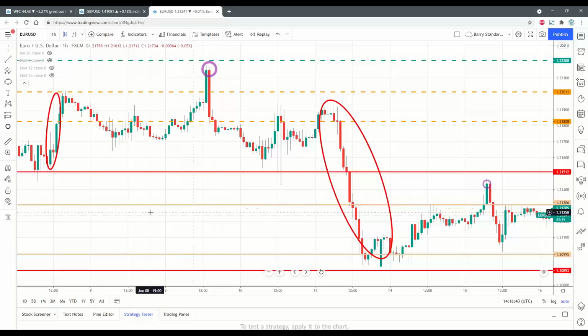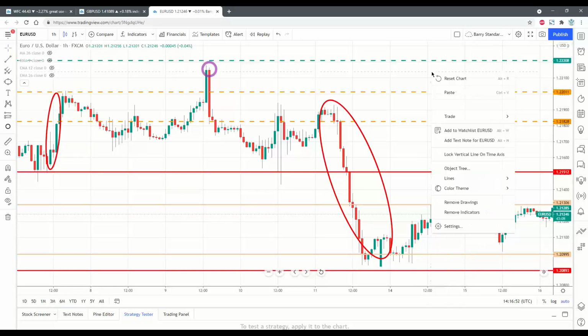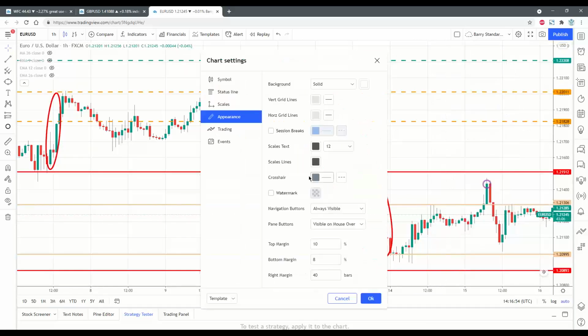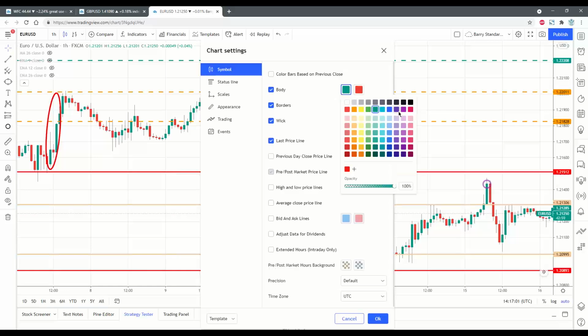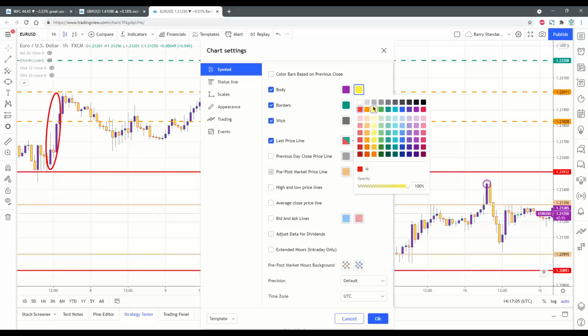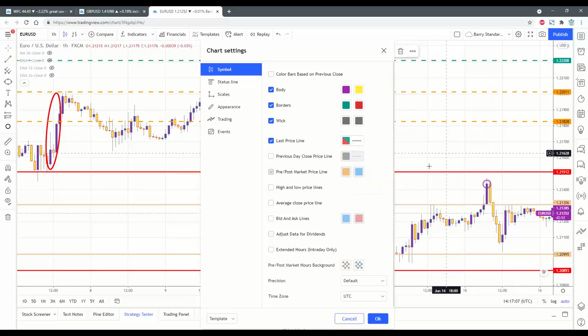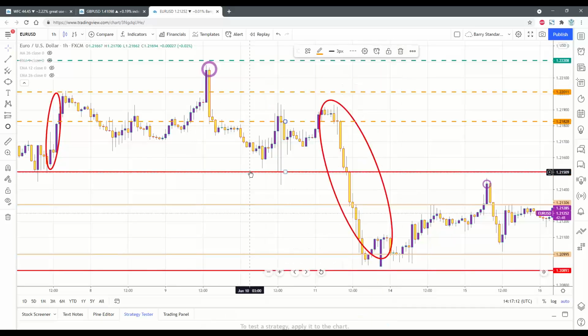And the fact is that it is unimportant which color you use. In other words, we could decide we want to use purple and yellow. Okay. So now we have purple and yellow candles.